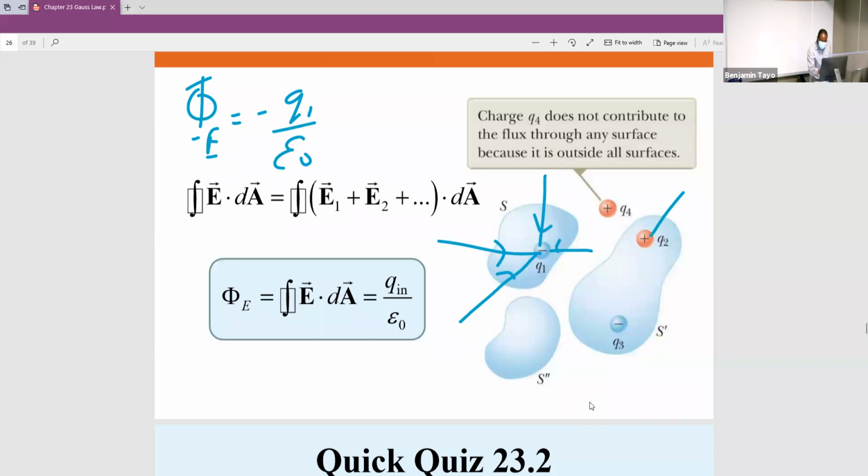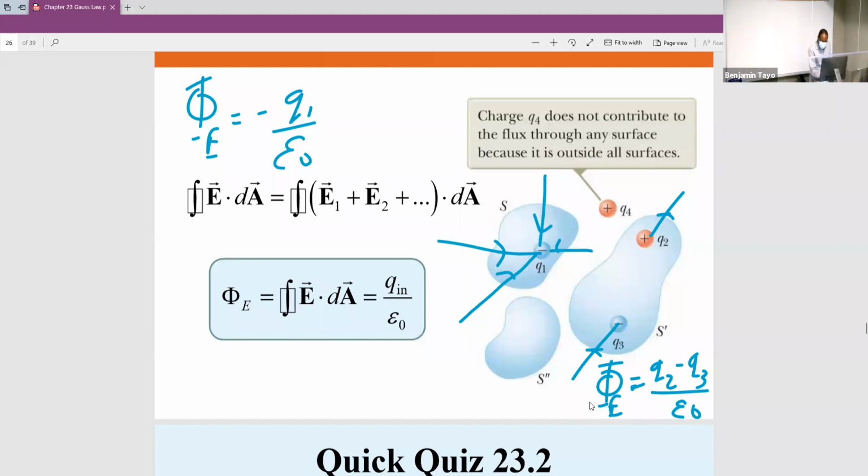Because field lines are going out here and field lines are coming in here, when I calculate the flux in this surface here, it should be equal to Q2 minus Q3. So this is not 0. This would be 0 only when Q2 equals Q3, right? But if one is positive and one is negative, then the net flux would just be equal to Q2 minus Q3 over here.